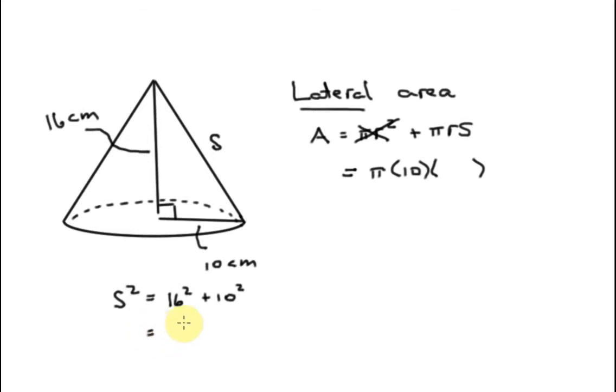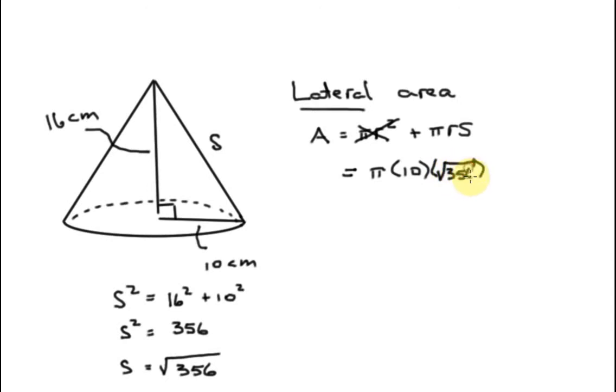Now I went ahead and I squared 16 and I squared 10 and I added them up and got 356. So now all I got to do is square root that number. Okay, and I'm just going to leave it as an exact number. You can turn it into decimals if you like. If you do that, though, keep about 3 decimal places.